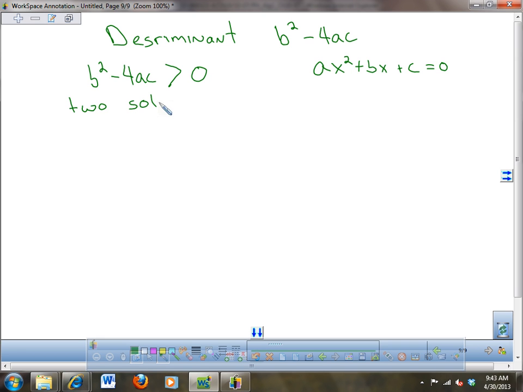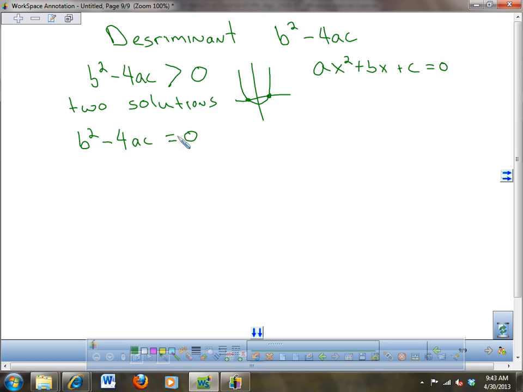That means if it's a positive number, you will have two solutions, and your parabola is going to cross the x-axis in two spots. So you're going to be looking for two answers when you do that.